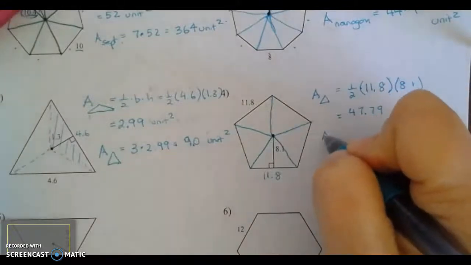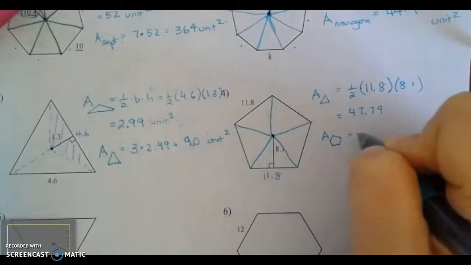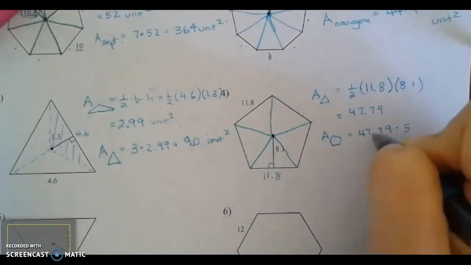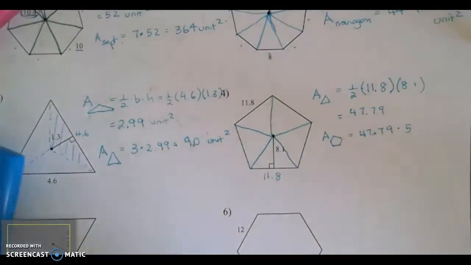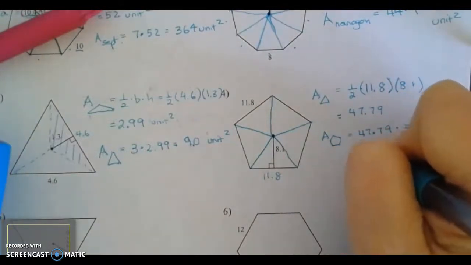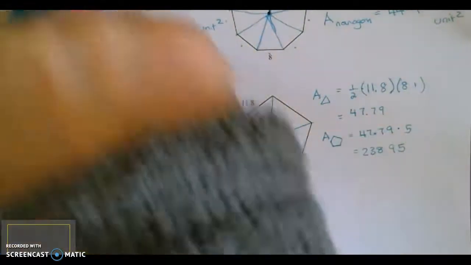So area of the pentagon is 47.79 times 5, because there are 5 identical triangles that make up this pentagon, and I get that to be 238.95. Now I need to round this to the tenths place.